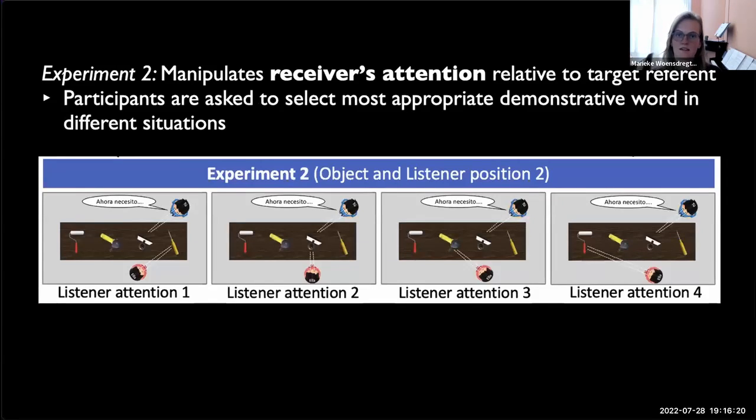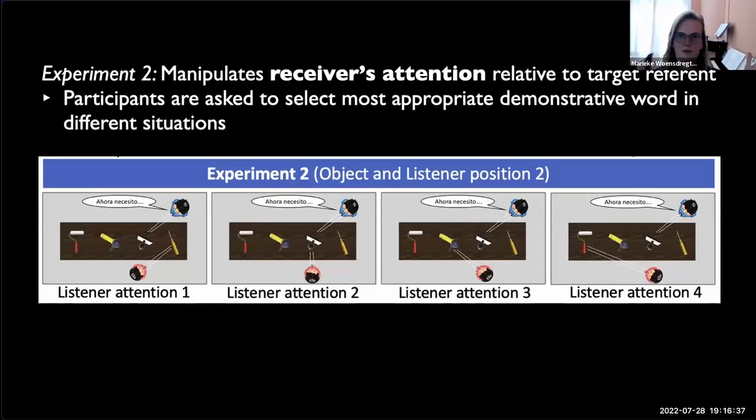Now, in order to see whether speakers indeed use their demonstratives flexibly in this way, in experiment 2, instead of manipulating the receiver's location, we instead manipulated the receiver's attention relative to the target referent.